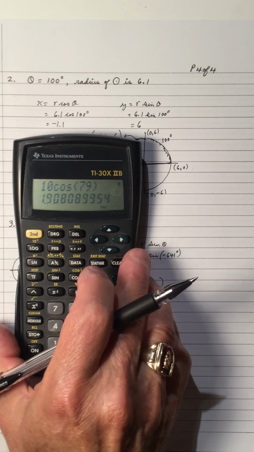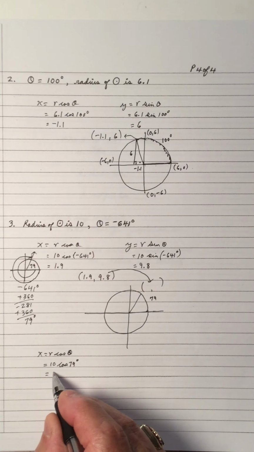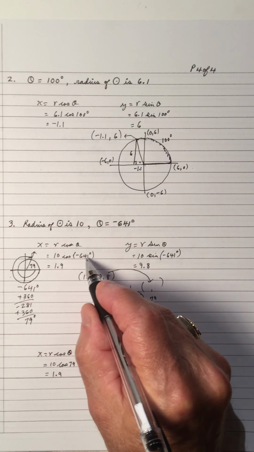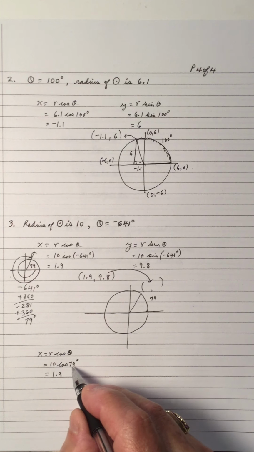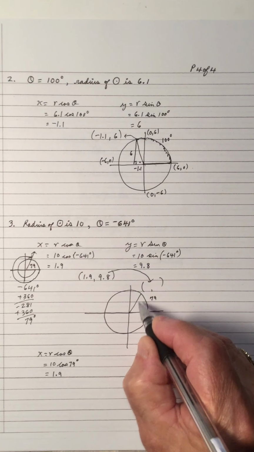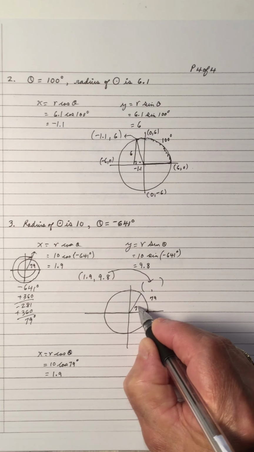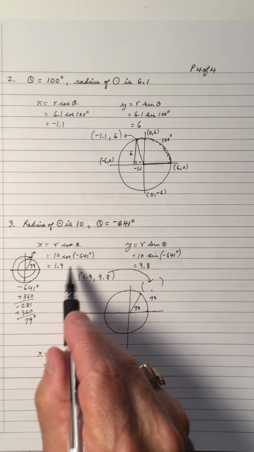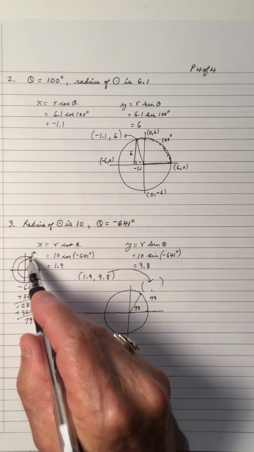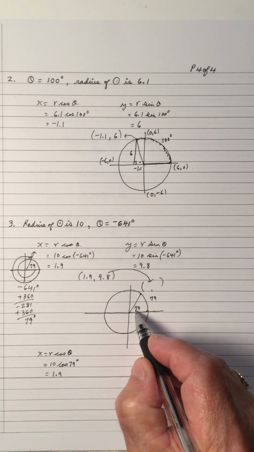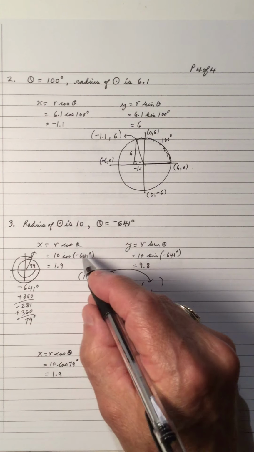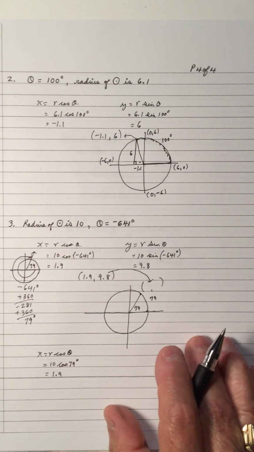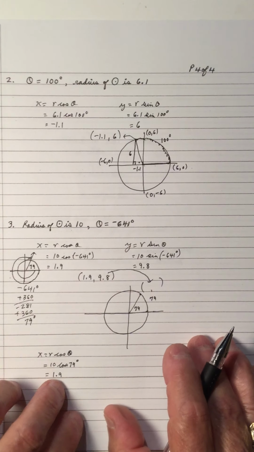And we get a 1.9. So negative 641 and 79 both end up with the reference angle of 79 in quadrant 1. Because the reference angle for negative 641 in quadrant 1 is the same as for 79, you can replace negative 641 with 79 and get the same values for x and y.